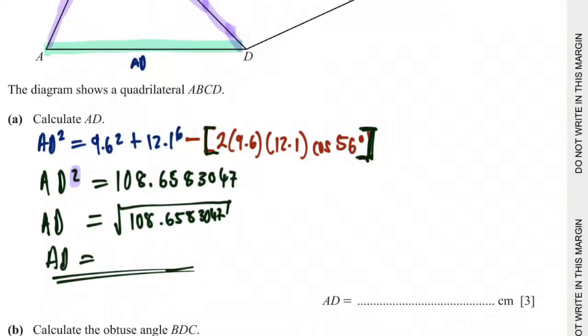How does that become 10.4? So this would be 10.5. Round off, students. Come on. Oh, 10.423 centimeters, which, yes, you can round off to 10.4 when you do 3 SF.